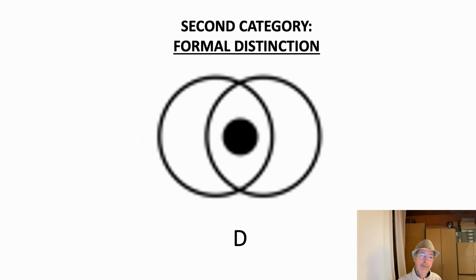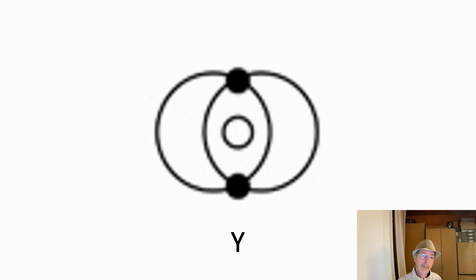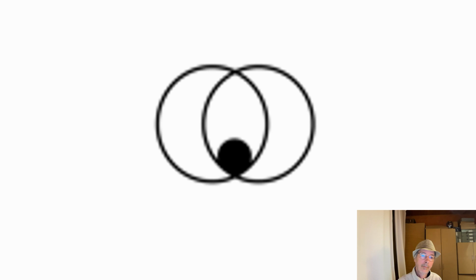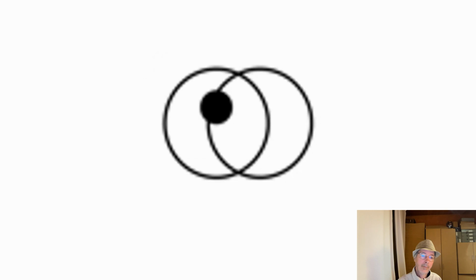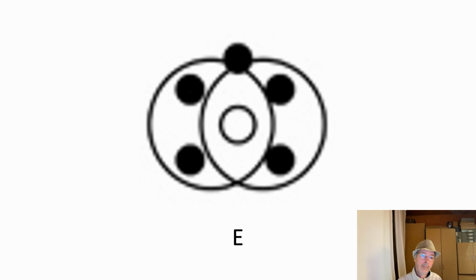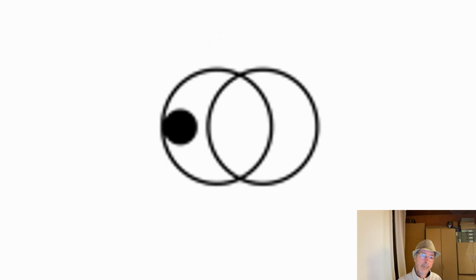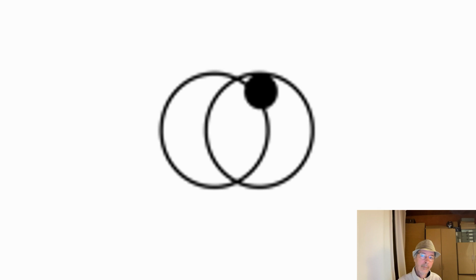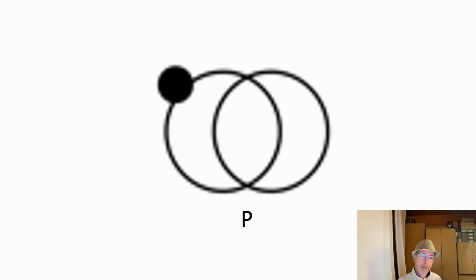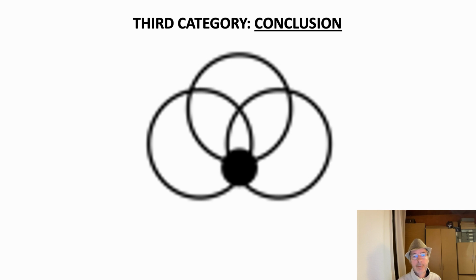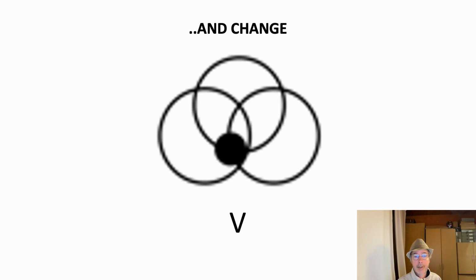The formal distinction starts from the D and Y, O, Z, E, W, G, F, P. And the third category tries to find conclusions, starting from the Q, and changes, the V.